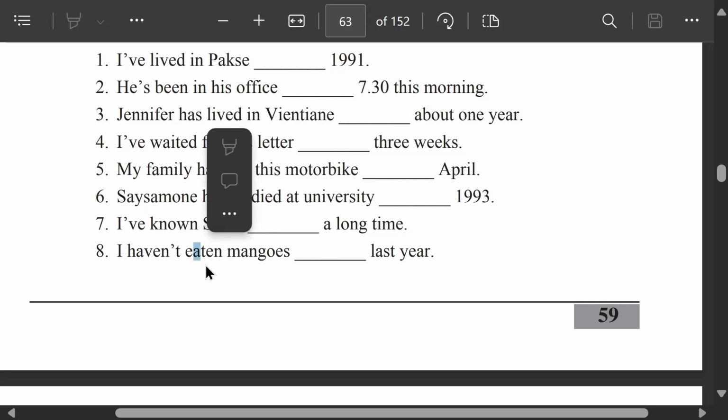Eaten is not an A sound, it is an E sound. I haven't eaten mangoes since or for last year. Since is the beginning of time, right? Yes, I haven't eaten mangoes since last year.